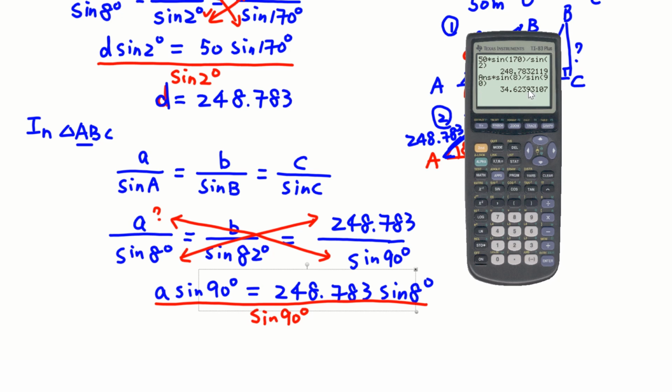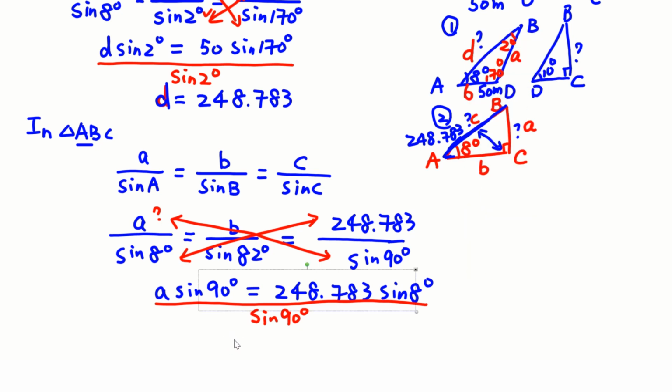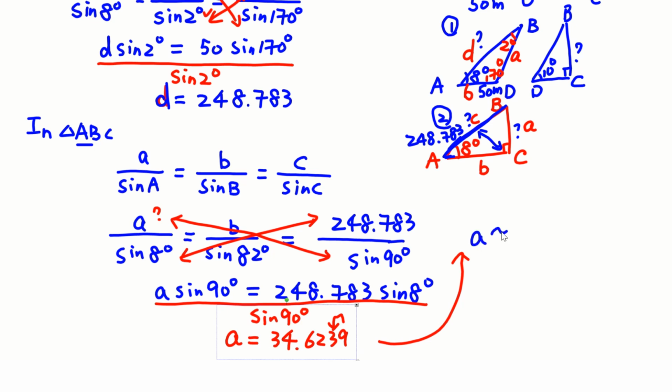And if the next digit is 9, we round it up, so you will have A equals 34.6239, we round it up, give you A approximately 34.624.